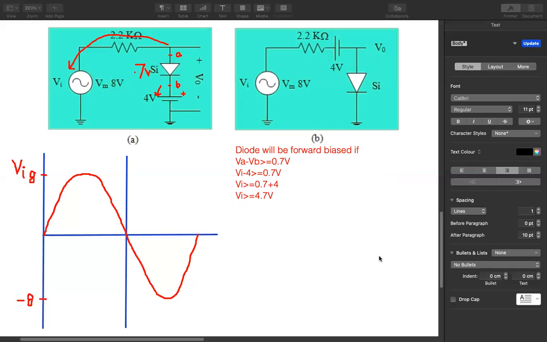Okay, now that you have found out the transition line, that is the deciding factor which will make your diode forward or reverse bias, which is your Vi should be greater than or equal to 4.7 volts. Now what you do, you draw a line in the graph equal to 4.7 volts.